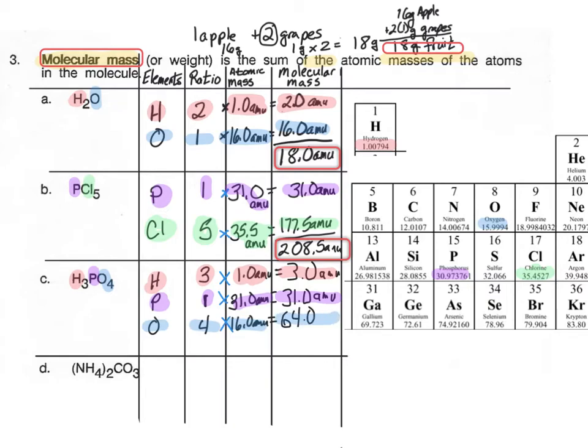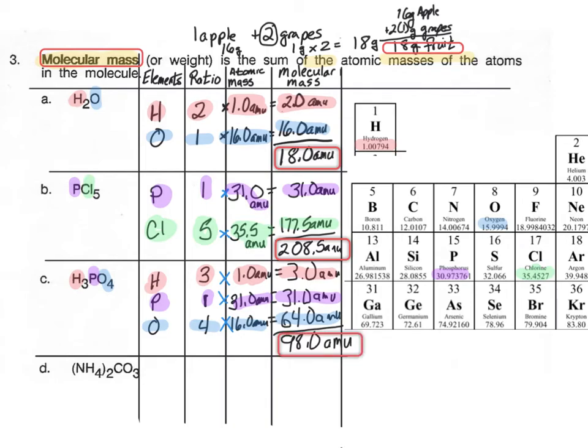We add all of that up to find out the total mass of the H3PO4. That means we have 3.0 AMU plus 31.0 AMU plus 64.0 AMU for a total of 98.0 AMU.